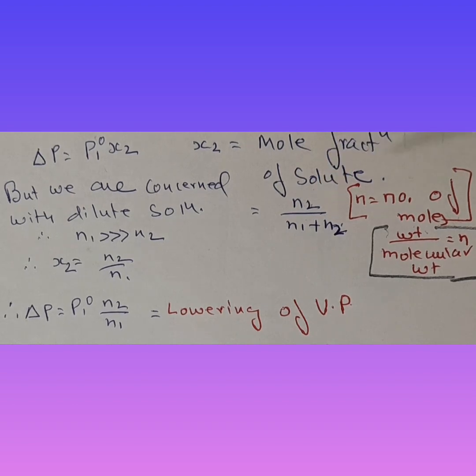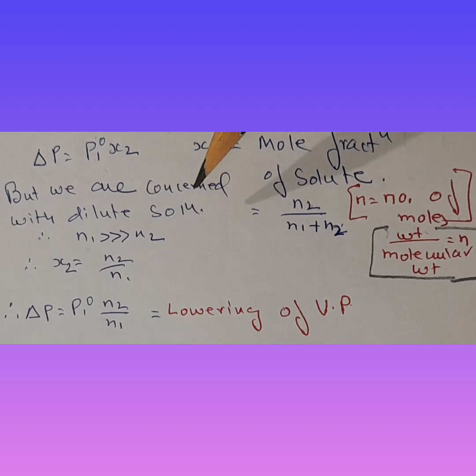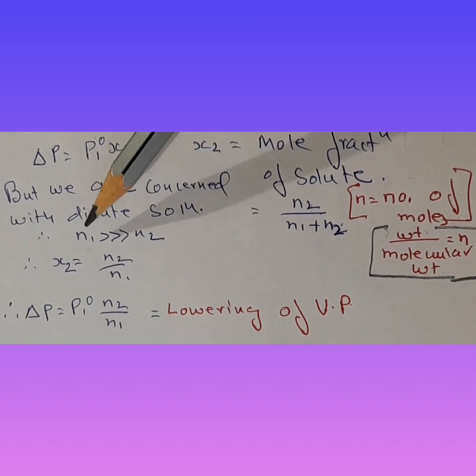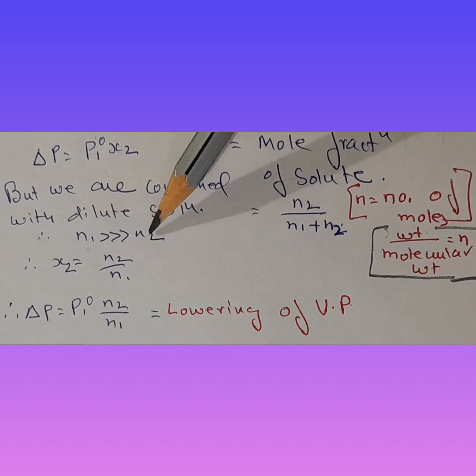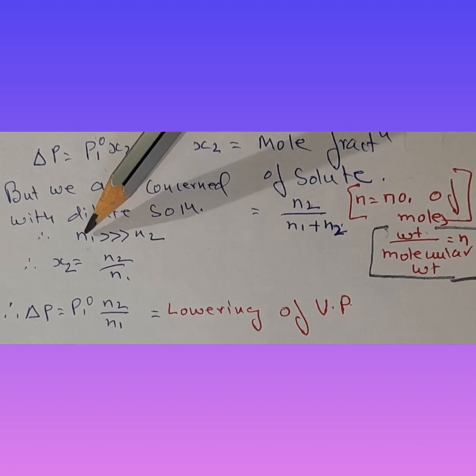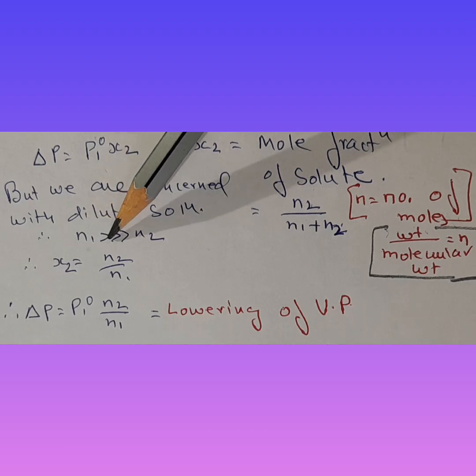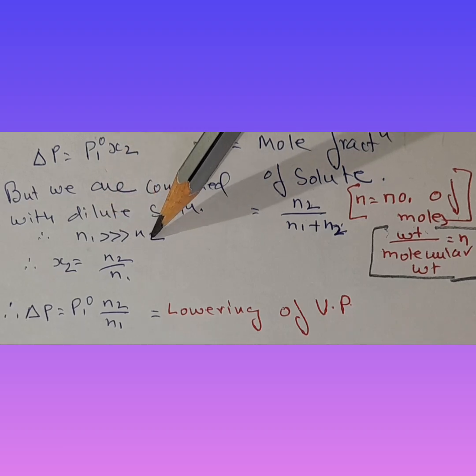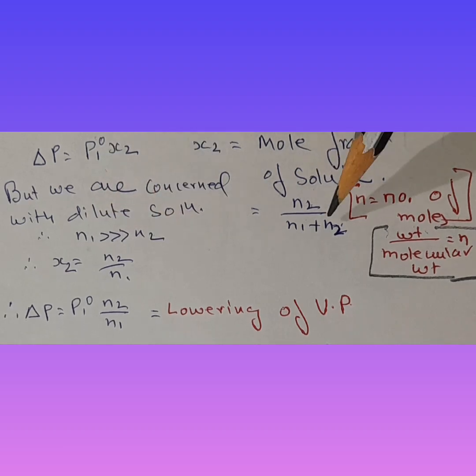Now, we are concerned with dilute solution. Whatever solute we have added is very less in comparison to solvent. So N1 is very much greater than N2. That is, the number of moles of solvent is very much greater than the number of moles of solute. So why do we need N2 in the denominator? Because there's hardly anything.